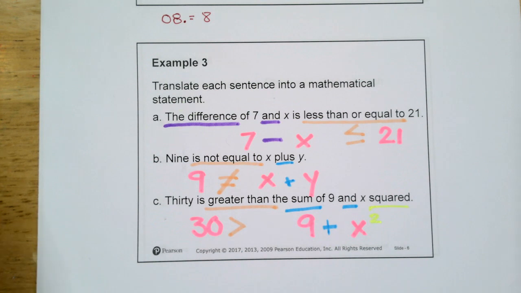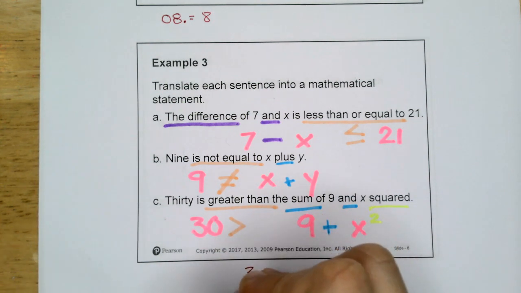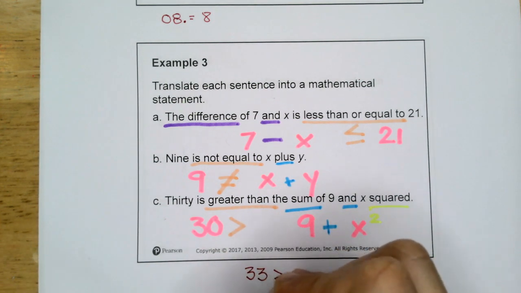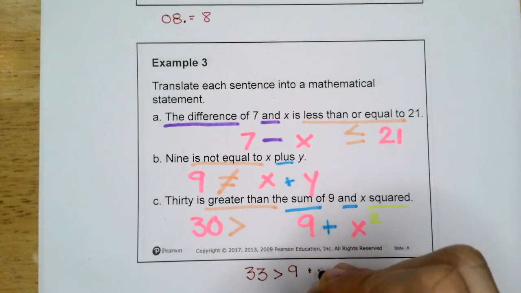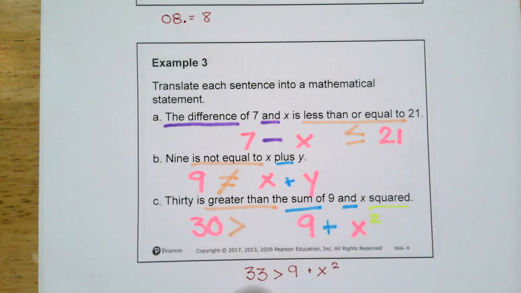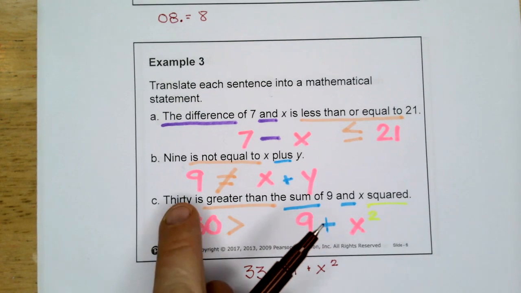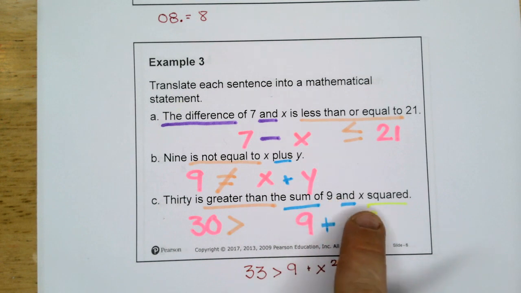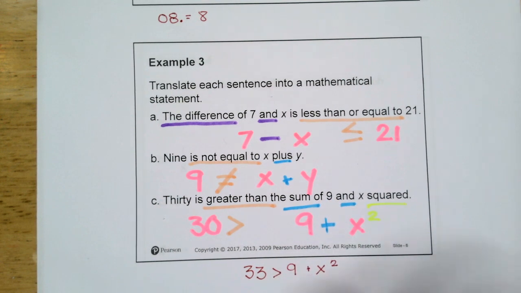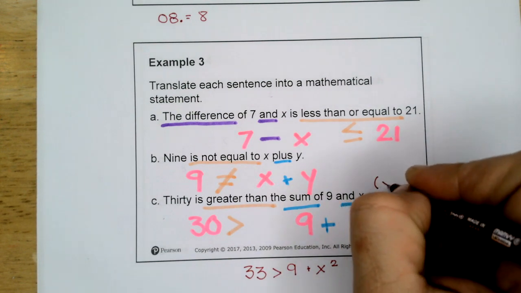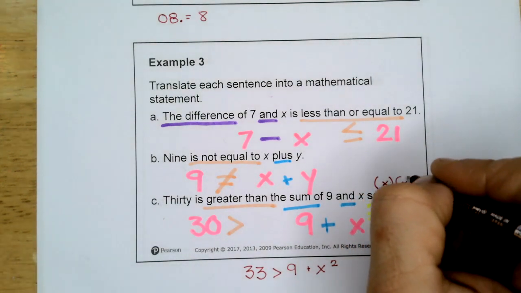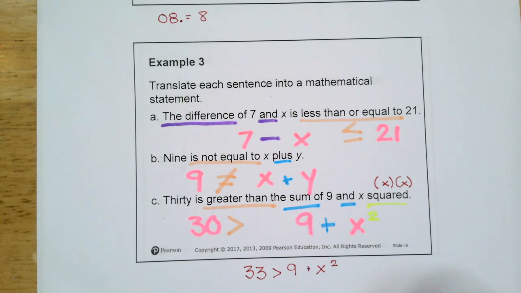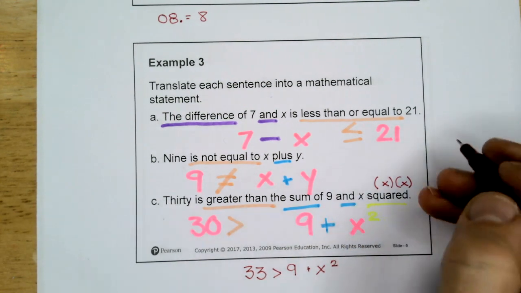I'll rewrite that because it's getting pretty excessive with the colors. So 30 is greater than the sum of 9 and x squared, the squared is the 2. Squared, remember, means you're taking that x and multiplying it by itself 2 times. x times x is x squared.